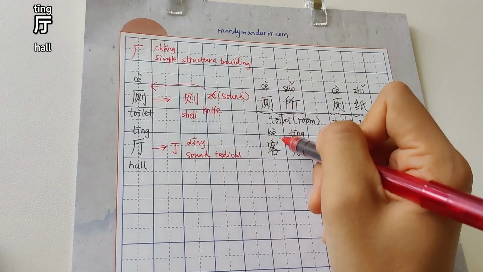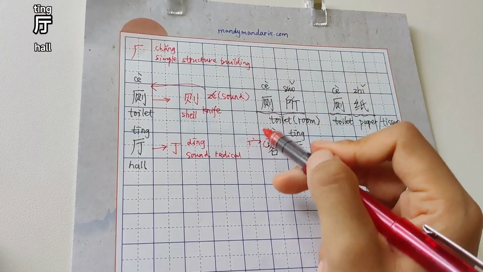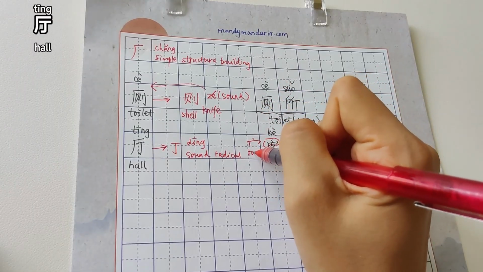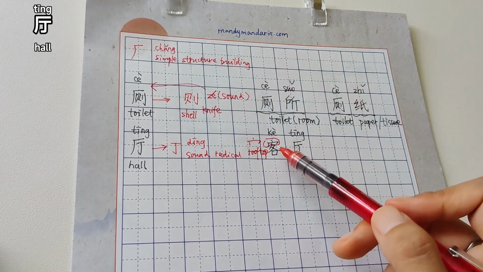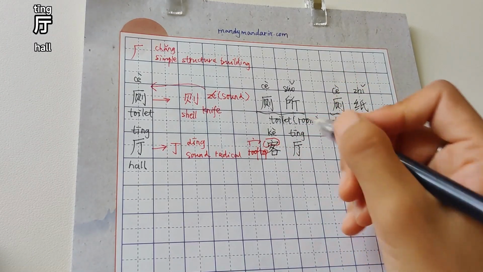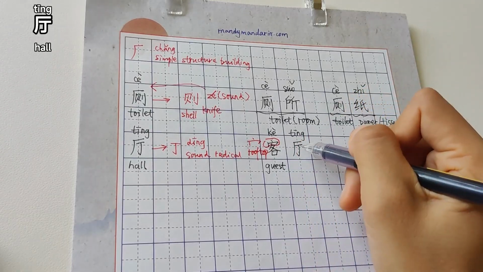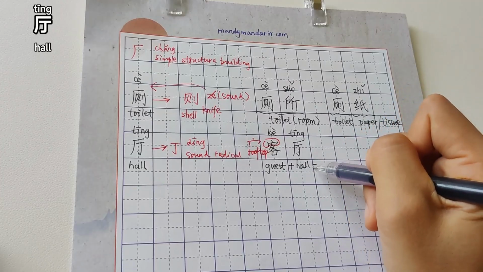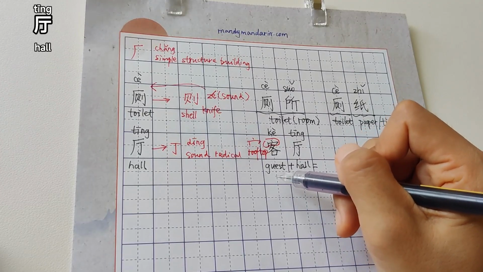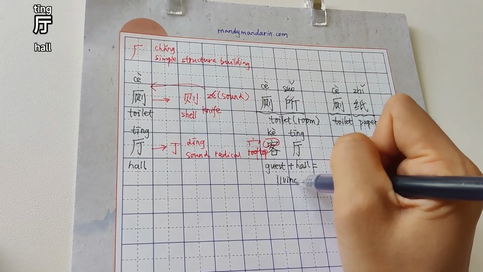The 课, as we mentioned in the rooftop radical video, could mean guest. And 厅 is the hall. So in the house, there's a hall for the guests, and that would be the living room.